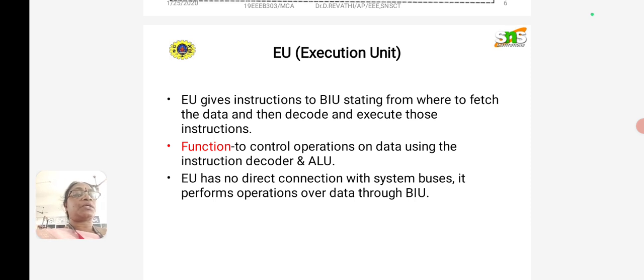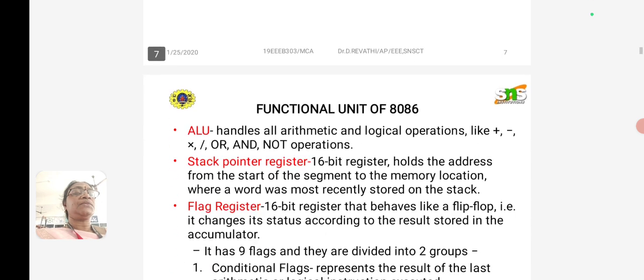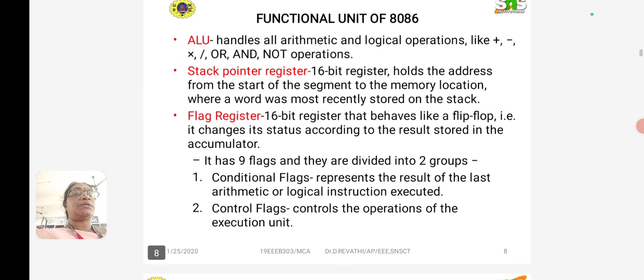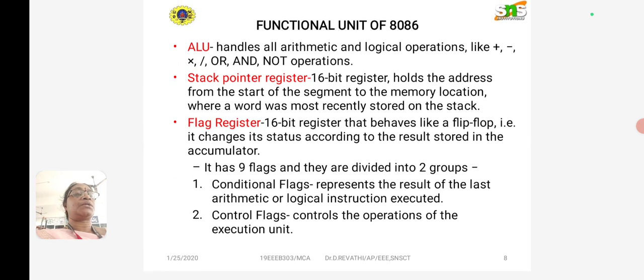The EU has no direct connection with the system buses; it performs operations over data through the BIU. The ALU handles all arithmetic and logical operations like addition, subtraction, multiplication, division, OR, and NOT operations. The stack pointer register is a 16-bit register that holds the address from the start of the segment to the memory location where a word was most recently stored on the stack.